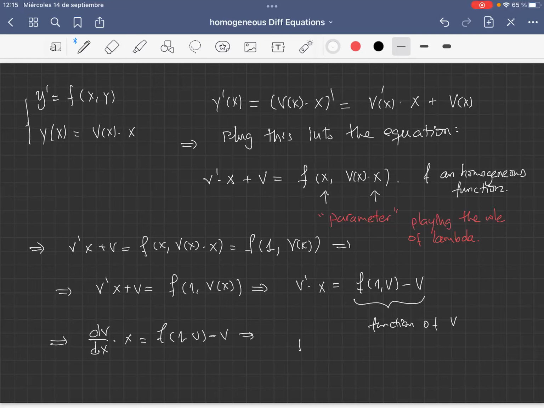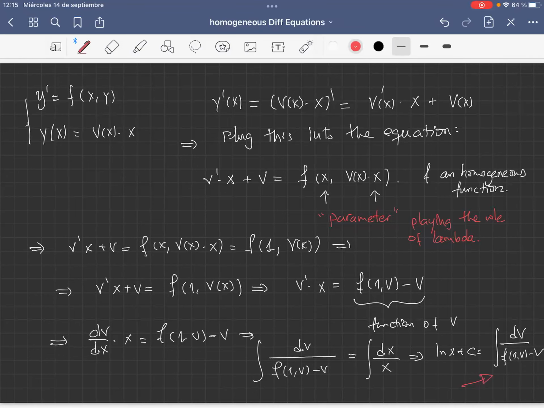So now we turn to the left all the functions in v, and on the right, we can put all the functions in x. So basically, this means that we can integrate this and leave this in terms of this integral, which can be performed in the case that we know an explicit function.